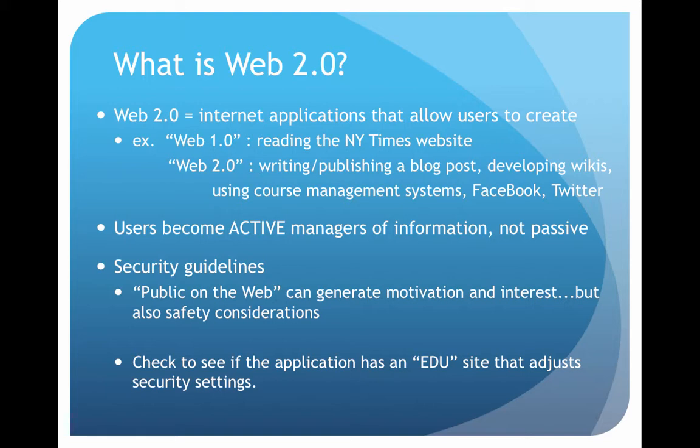Sometimes with Web 2.0 applications, you can get a free trial or a free usage of it, but it may not have all the very cool, interesting things or the connections that you might get if you could pay for a license. And so you might want to pay out of pocket for some of these things, or you might want to talk to your principal or a district manager or other teachers, and go in together and get a discounted version for your school. And they often offer those. So that's always something to check into.